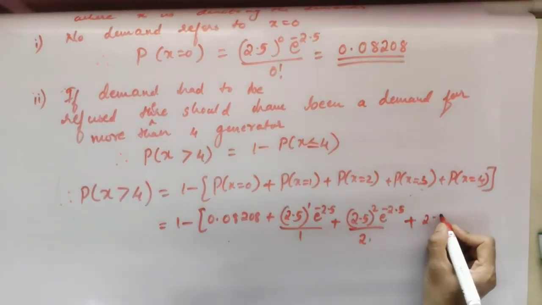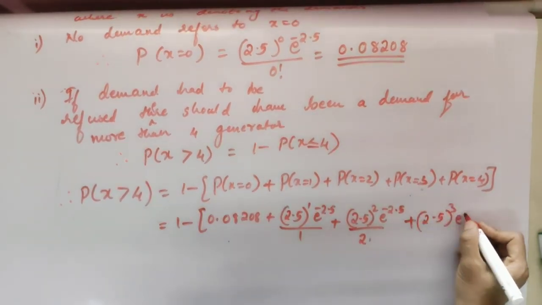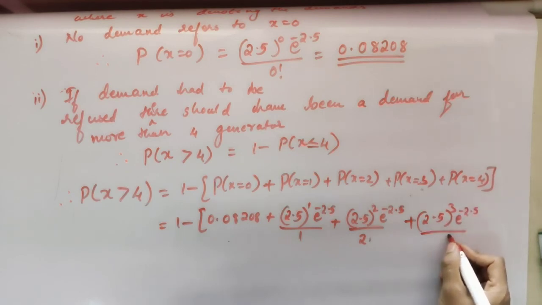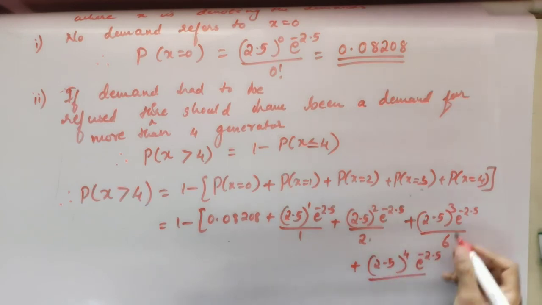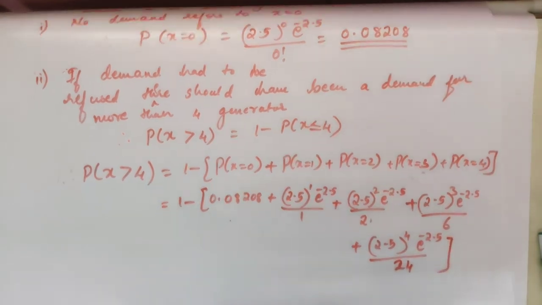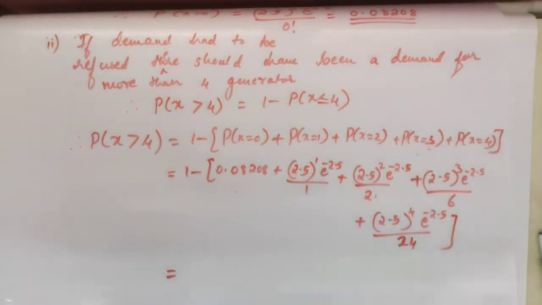Then 2.5 whole cube, e to the power minus 2.5, divided by 3 factorial, which is 6, plus 2.5 to the power 4, e to the power minus 2.5, divided by 4 factorial, which is 24. Use your calculator and evaluate it. The answer comes out to be 0.10882. Just check the value in your calculator.